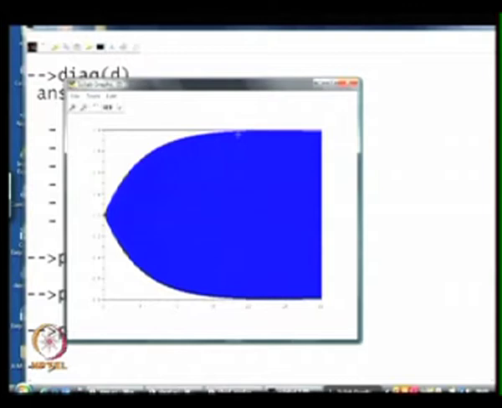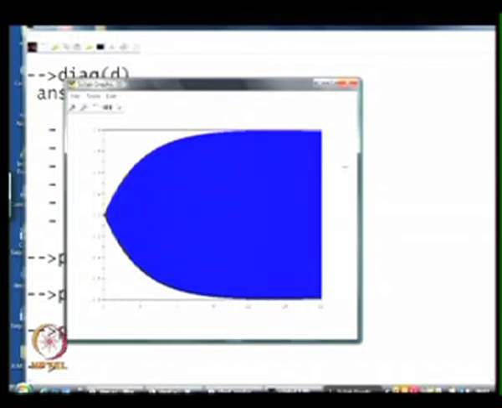Of course, you notice that this is tending towards approximately 0.8 and not 1. That is not surprising because we assume that this is a star connected winding, and the line to line RMS voltage is 1 per unit. In fact, we have chosen our VF to be such a value so that the line to line RMS voltage is 1 per unit.